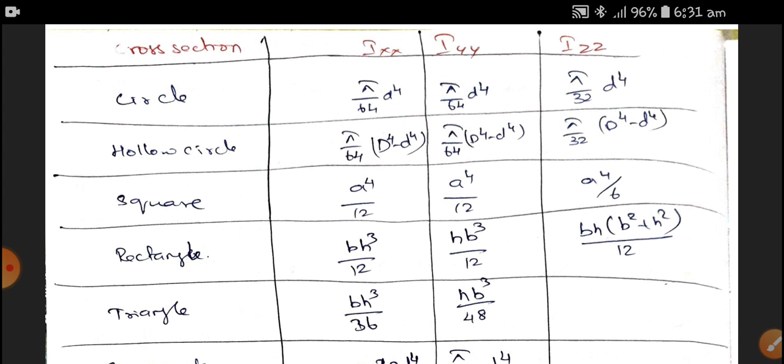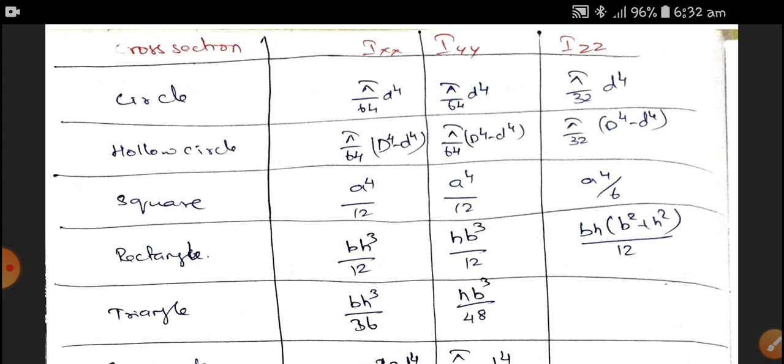And for the square section also we have Ixx is equal to Iyy. In a shaft we can use either a square, a rectangle or a circle. That is why I have given Izz for these three sections. The rest of the sections won't be considered for the perpendicular axis theorem. For the square, Ixx is equal to Iyy, that is equal to a power 4 by 12, whereas Izz is equal to a power 4 by 6.